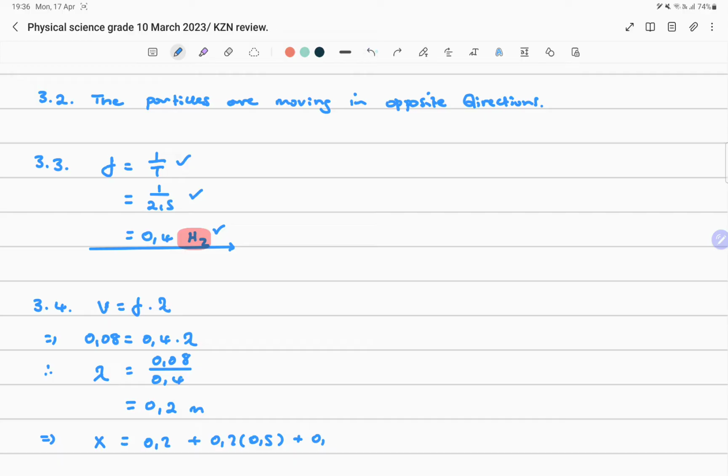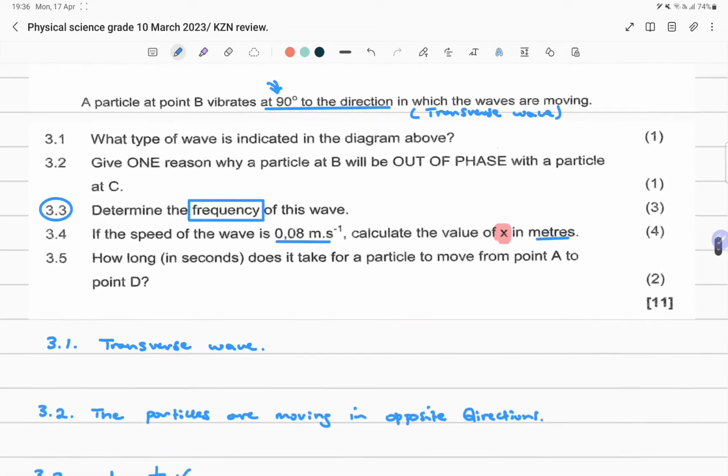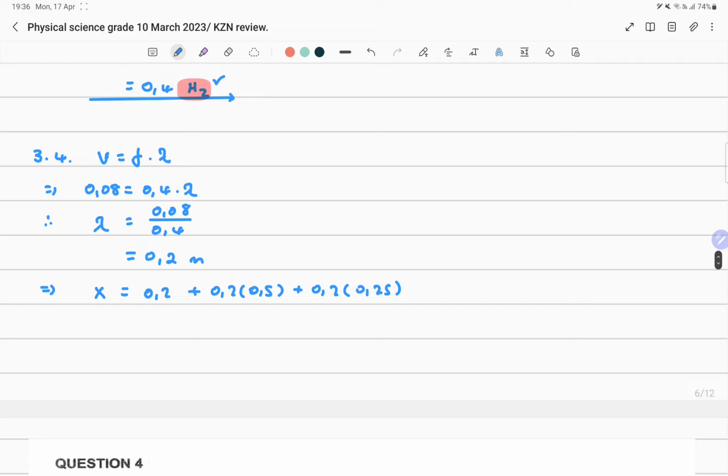Maybe let's do it this way, 0.2 into 0.25, that's a quarter, right? So I'm just changing a half into a decimal and a quarter into a decimal. Let's find out what that is. So 0.2 plus 0.2 into 0.5 plus 0.2 into 0.25. So I'm getting 0.35 meters. All right.